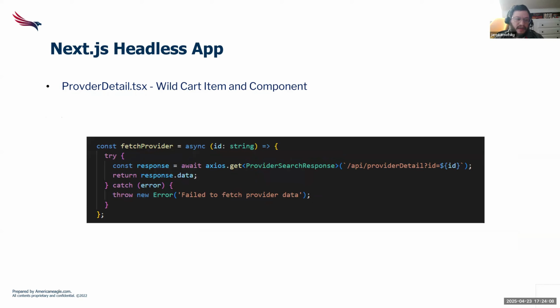And then you can see we have a provider details.tsx. We have our wildcard item and component. So this does an Axios call. So this is fetching the provider. I believe since I've written this, fetch is built into the newest version of Next.js. You could do fetch, you could do Axios.